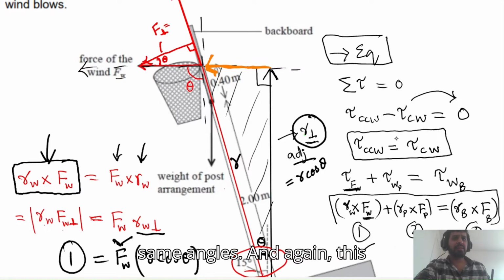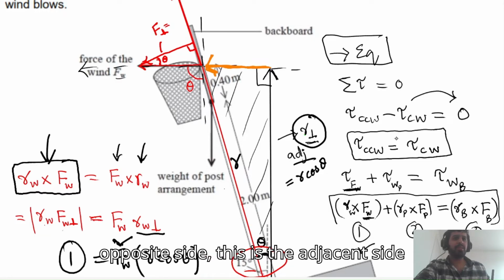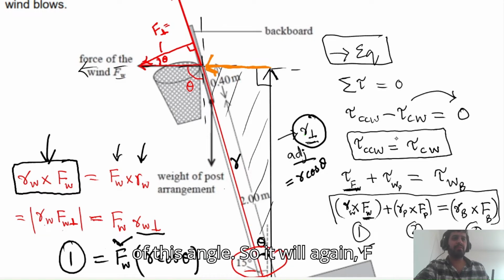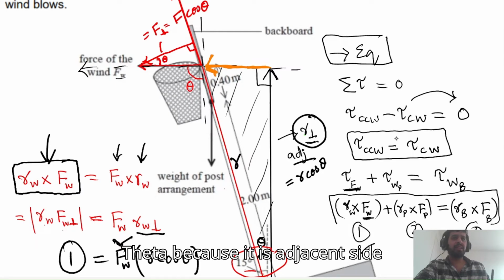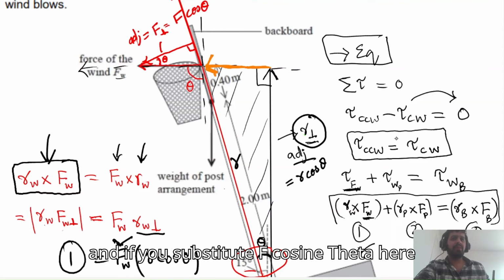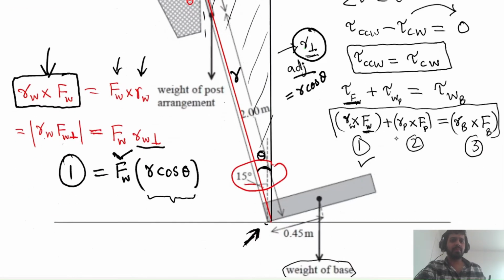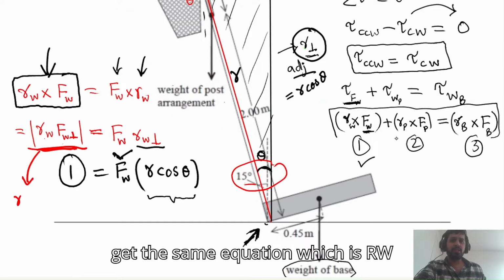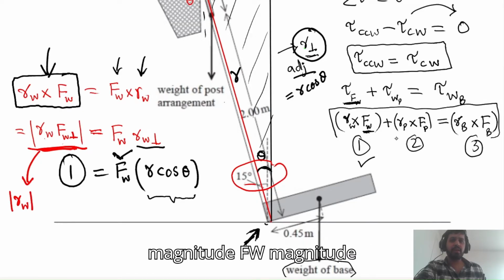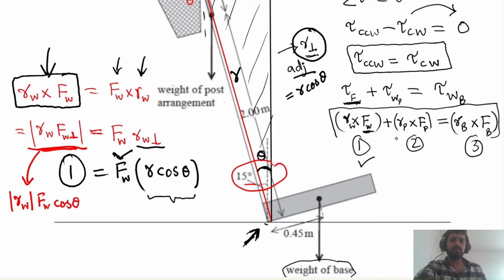And again, this side is not the opposite side, this is the adjacent side of this angle. So F perpendicular will be F cosine of theta because it is adjacent side. And if you substitute F cosine theta here, you also get the same equation, which is RW magnitude, FW magnitude times cosine of theta.